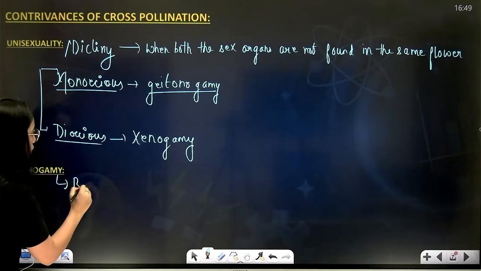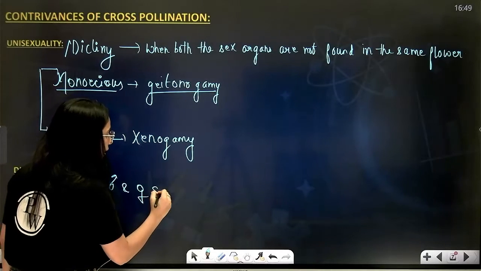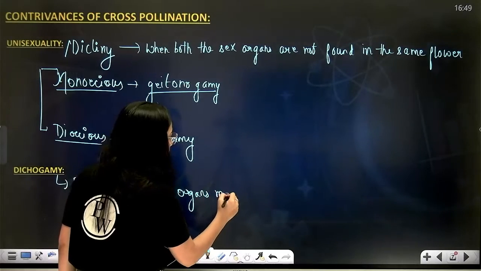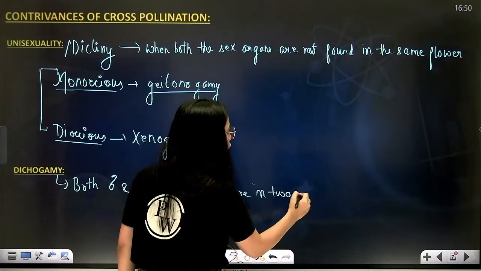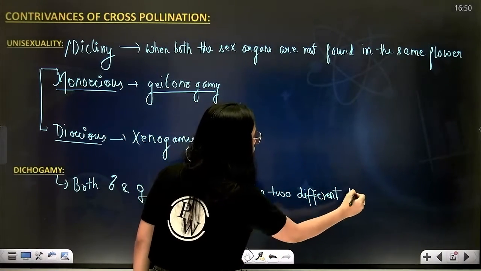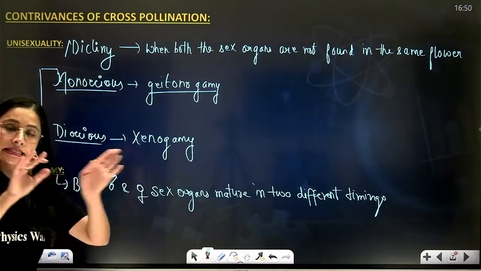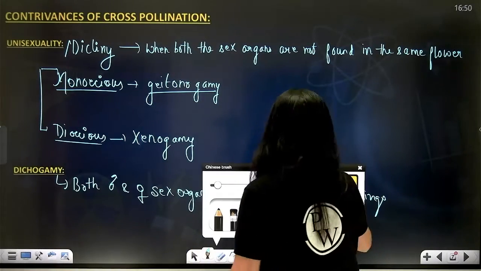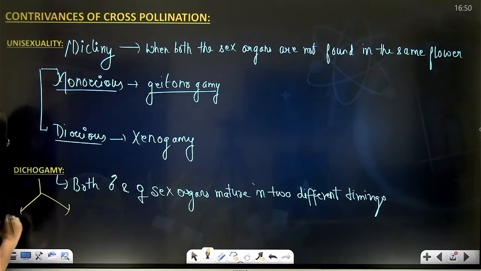That means both male and female sex organs mature at two different timings. They do not show synchrony. Now there are two conditions. One is called protandry and the second is known as protogyny.